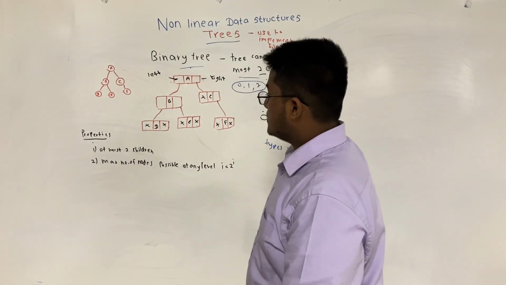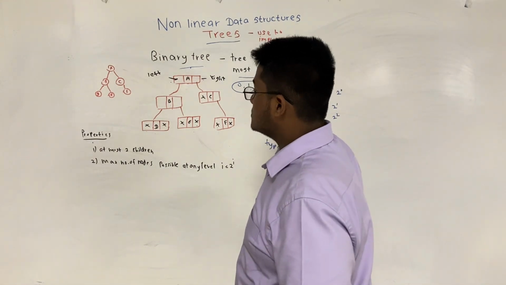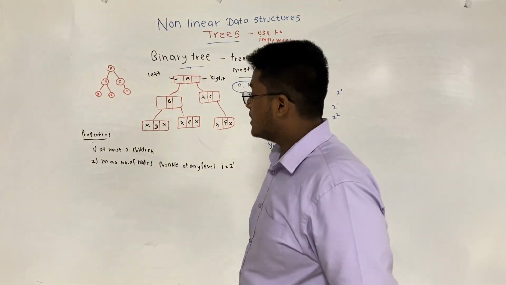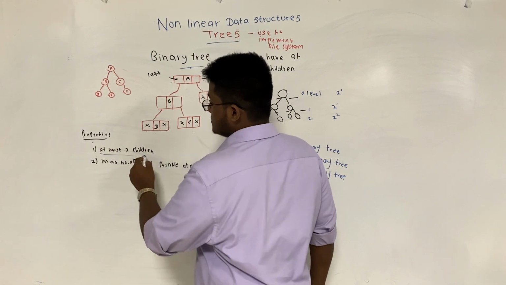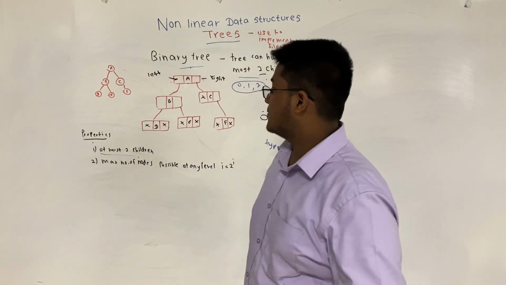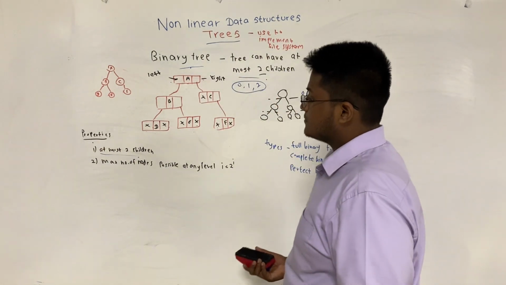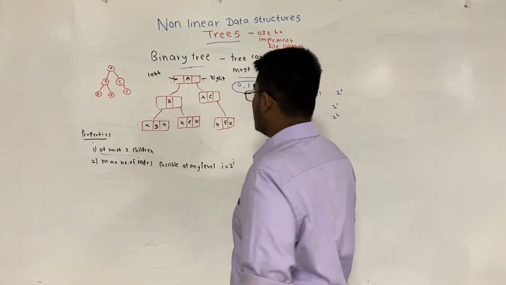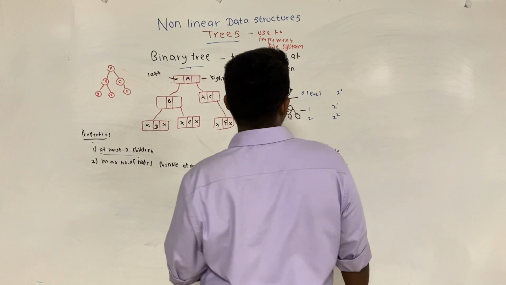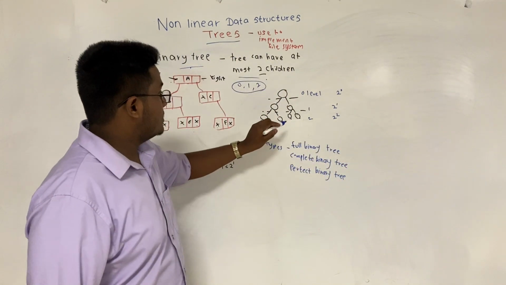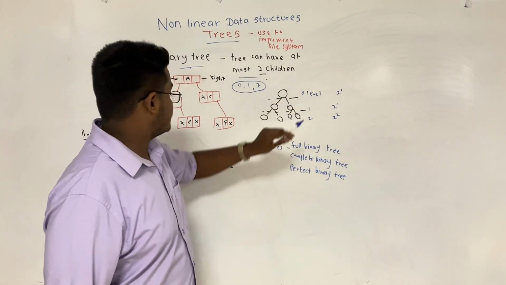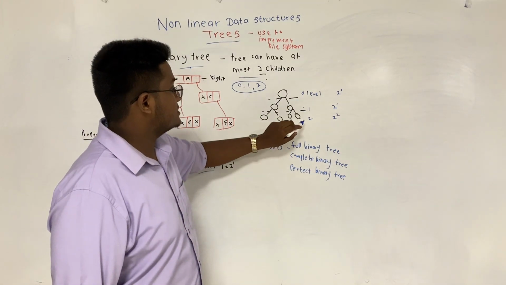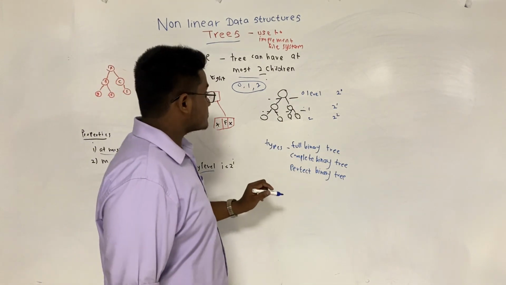So, these are the properties. I will just explain two properties to you. There are more. First, at most two children must be there in a binary tree, and the maximum number of nodes possible at any level I, I mean the height, right? So suppose any levels, 0th level, 1st level, and 2nd level, right?